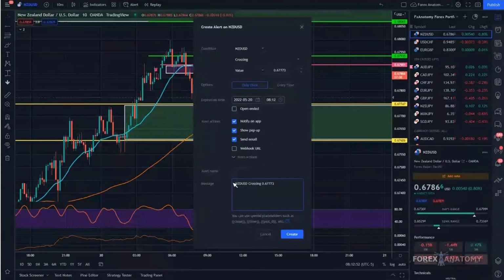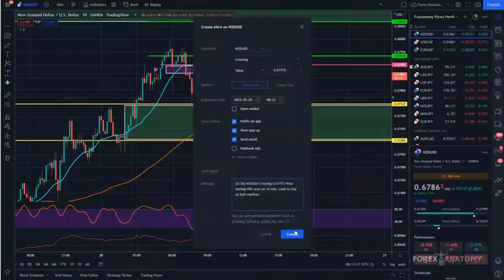So let me put the date. Price testing PRZ. That's price reversal zone on 10. Look to buy and we'll confirm.